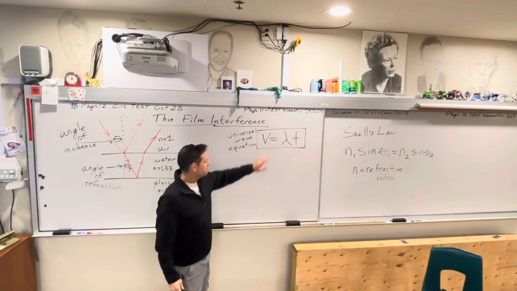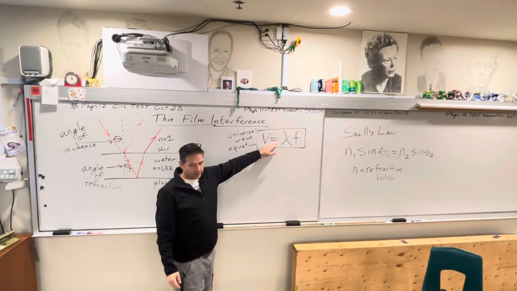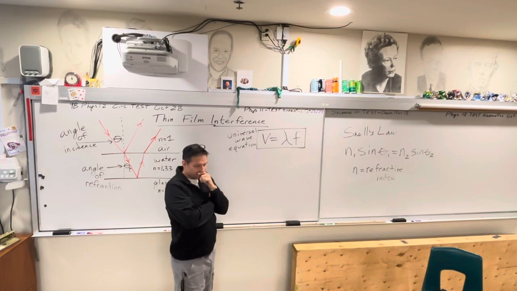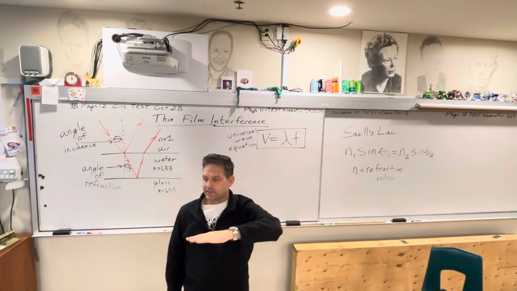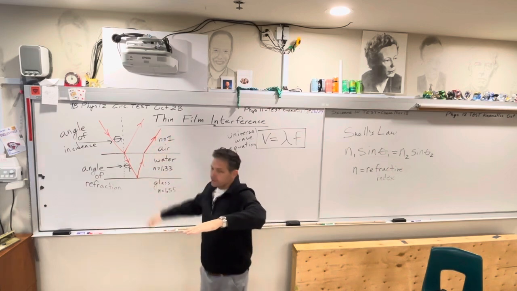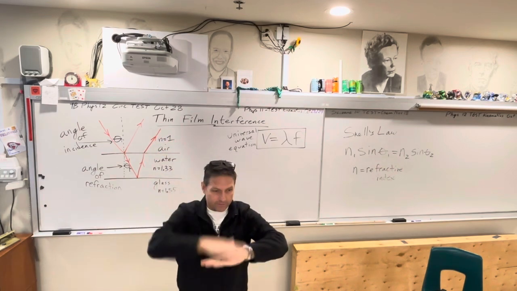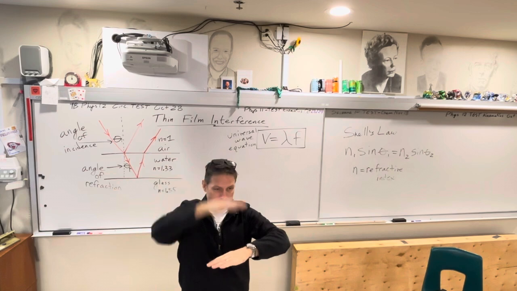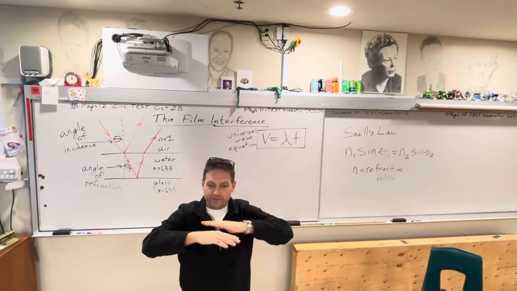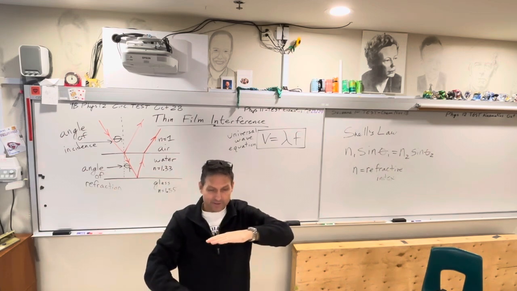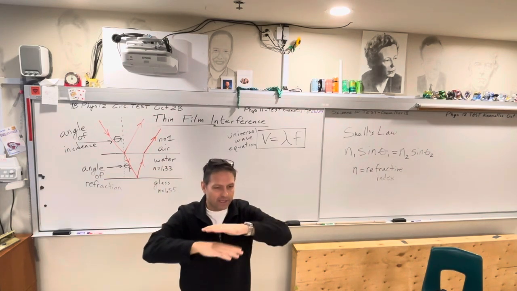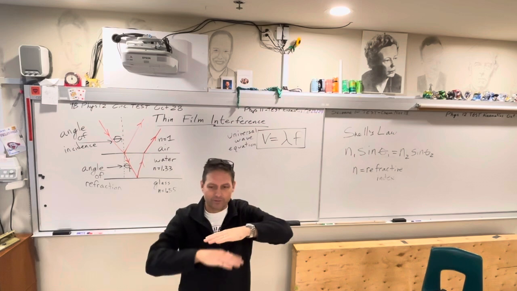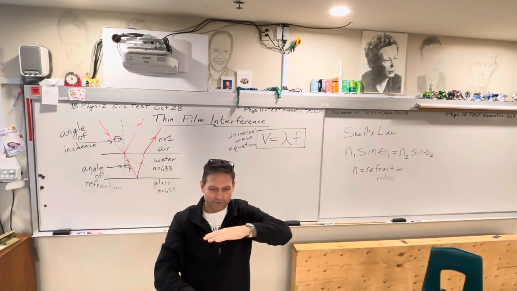Okay, so if this is true, then ask yourself this. Put your hand like this. Let's say this is your barrier between air and water, and these are waves. When it leaves, is the frequency of waves coming in the same as the frequency of waves going past the boundary?